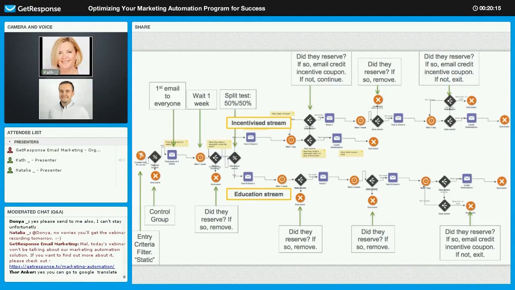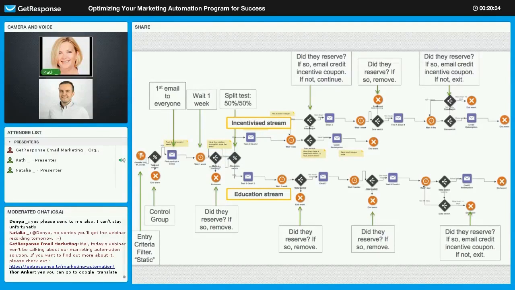So that's the path they've gone along, and everyone in that top row there is all incentivized. That's the objective, and that's the messaging and everything. And then the bottom one is education.